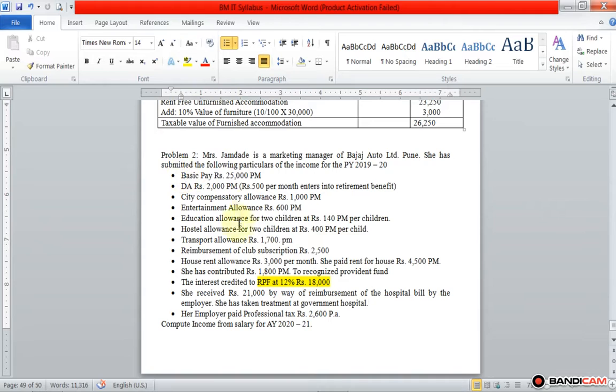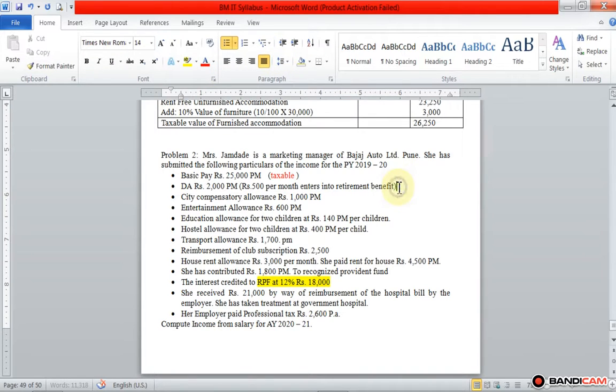According to the information provided by Mrs. Jamdade, we have to compute income from salary for assessment year 2020-21. So first of all, basic salary, the whole amount is taxable.